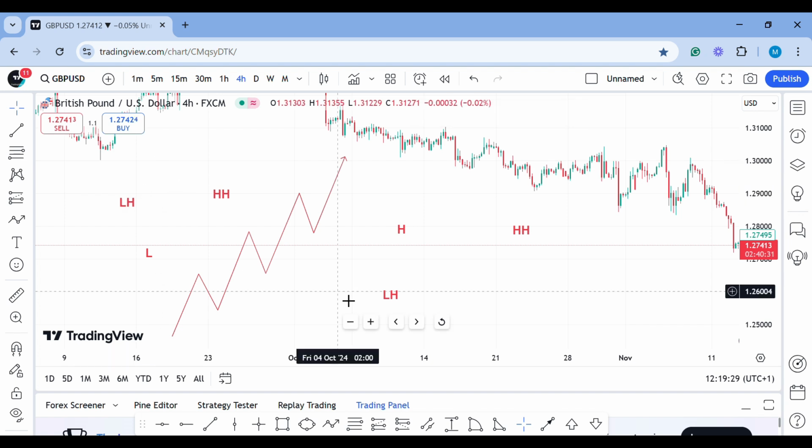It's always made up of low, high, lower high, and higher high.